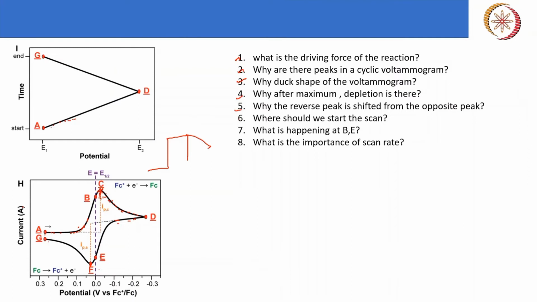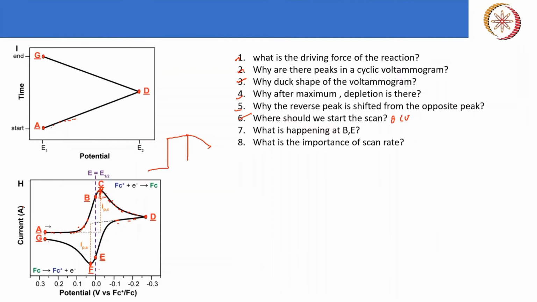Basically, the answer to this question we already discussed: we should start from the OCP value, because whatever your system is, it is in the ground state, so you should start from the ground state. Otherwise, suppose you don't know what is in your analyte. Suppose you have some new compound and you start at some random potential, and at that potential your compound can reach some intermediate state or some excited state.